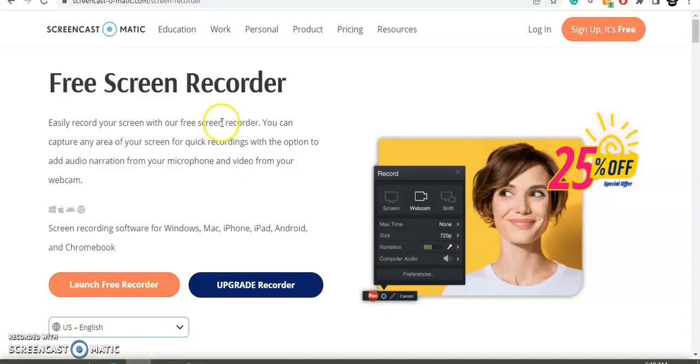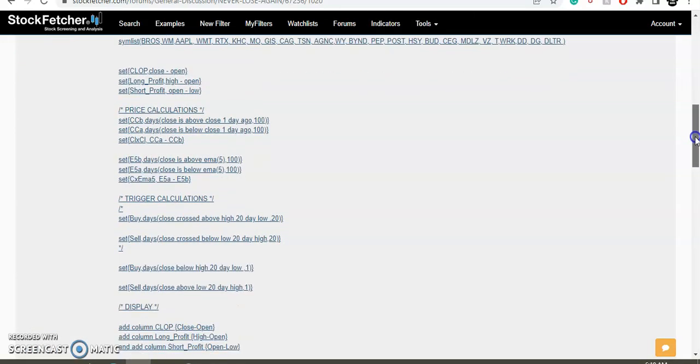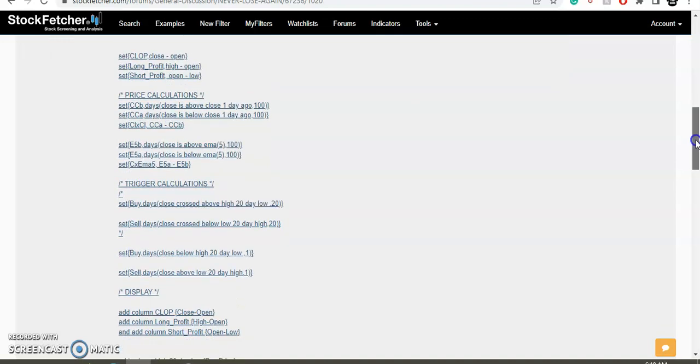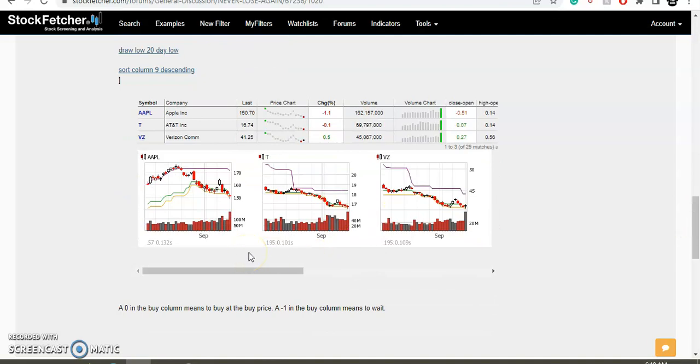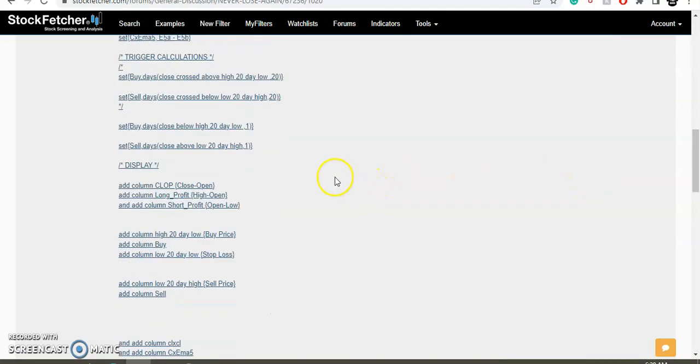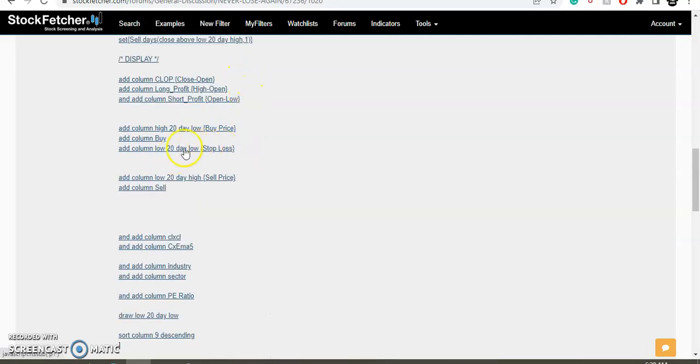What had happened was I had posted out here on Stock Fetcher in the Never Lose Again thread a filter that I had written. Basically, all it's doing is plotting some lines: the highest low and lowest high for the past 20 days.